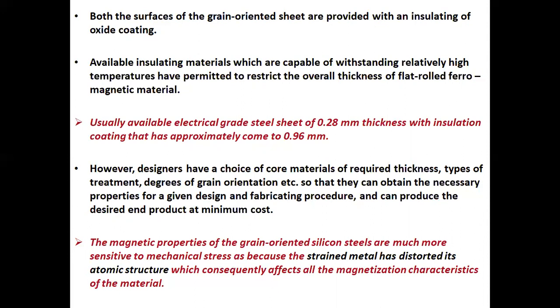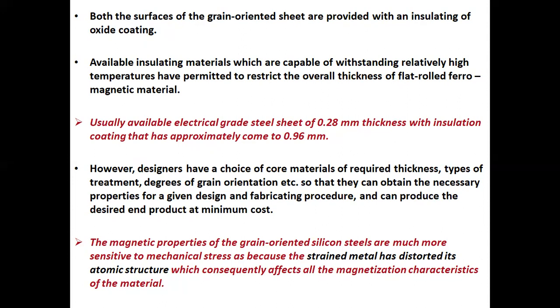Usually, available electrical grade steel sheet of 0.28 millimeter thickness with insulation coating comes to approximately 0.96 millimeter. However, designers have a choice of core materials of required thickness, types of treatment, degrees of grain orientation, etc., so that they can obtain the necessary properties for a given design and fabricating procedure, and can produce the desired end product at minimum cost.